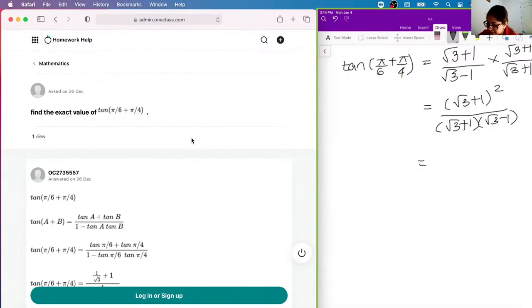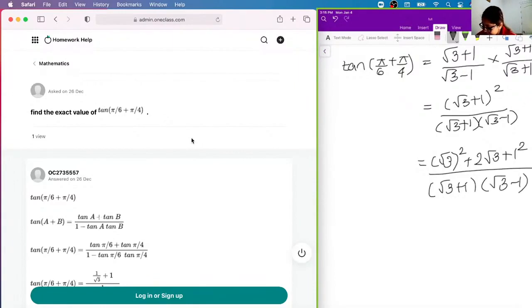So we can rewrite that as root 3 squared plus 2 root 3 plus 1 squared. If you square root 3 or any root, it's basically going to be itself, so 3 plus 2 root 3 plus 1.